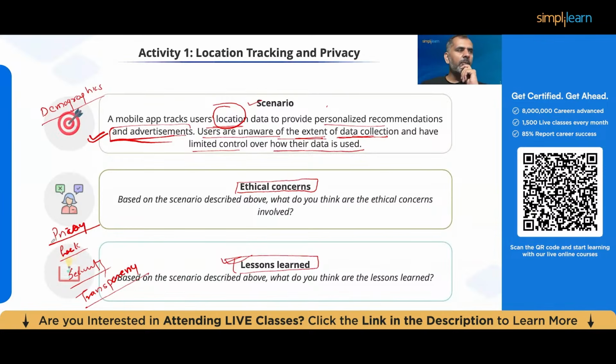Then you need to have a proper privacy policy also. Then you have to provide a proper security mechanism to safeguard the data, and you have to provide proper control over the data as well. So if the user is interested, they can change their information and settings.